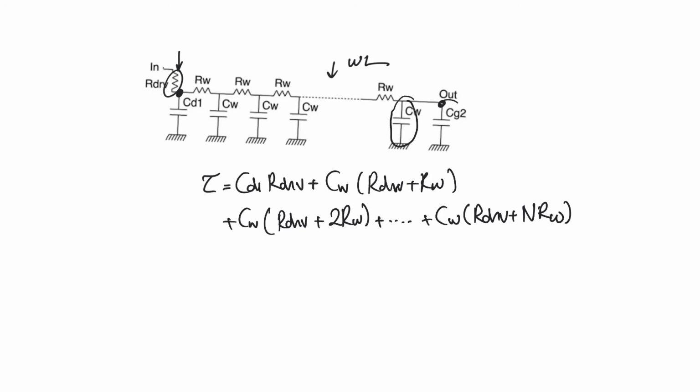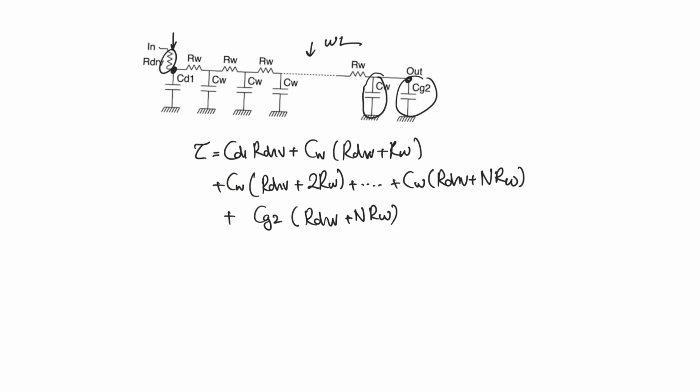But we also have to calculate a partial time constant for the gate capacitance of the load inverters. So CG2 into R drive plus NRW. Now, this whole expression, of course, has some kind of pattern to it, so we can simplify it and look at what it means.